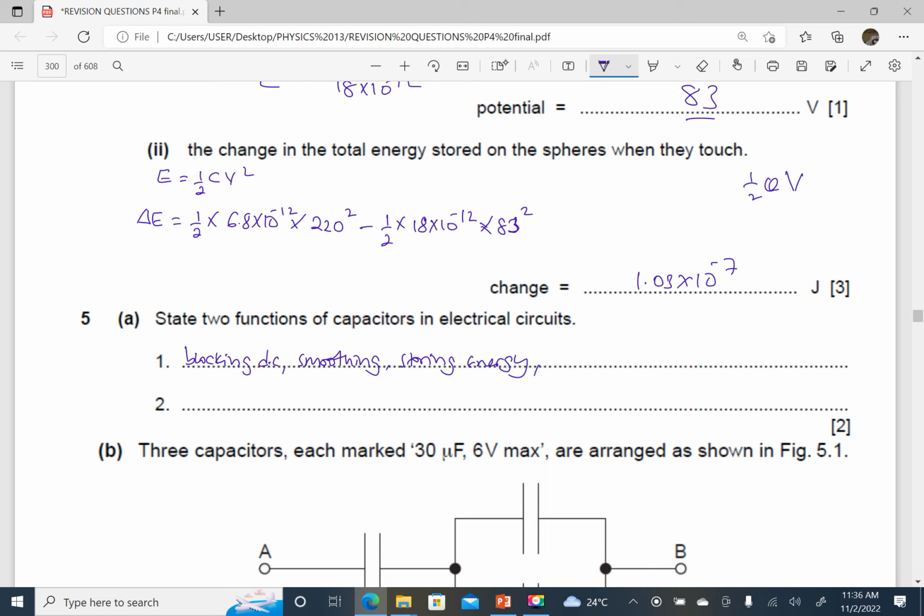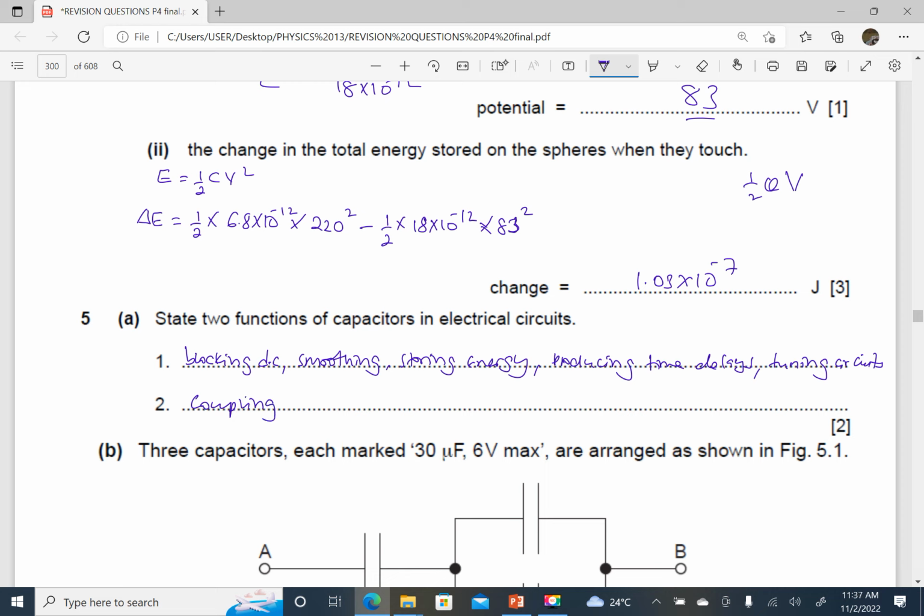Number four, capacitors are used to produce time delays. In other words, they are used in timing. Number five, capacitors are used in tuning circuits, like those of TVs and radios. Next, capacitors are used in coupling.